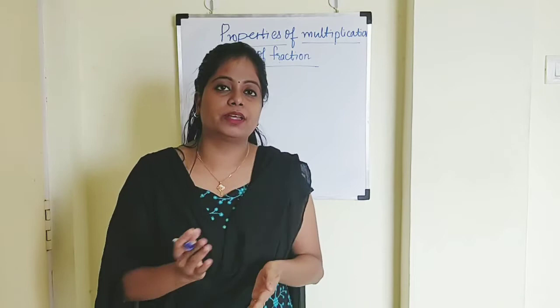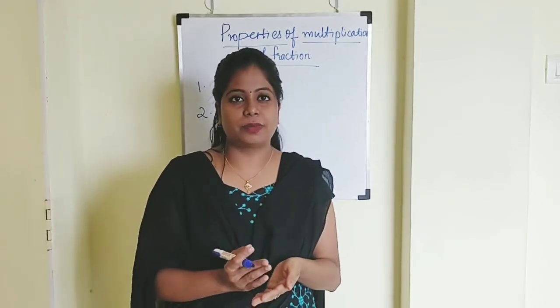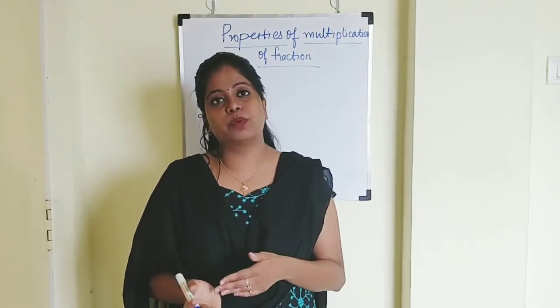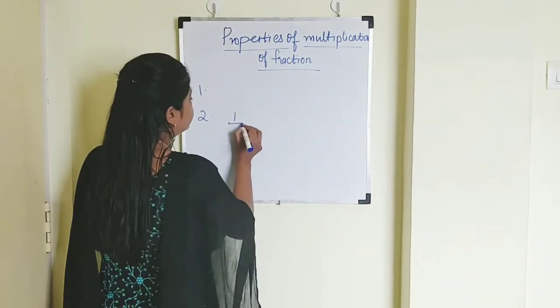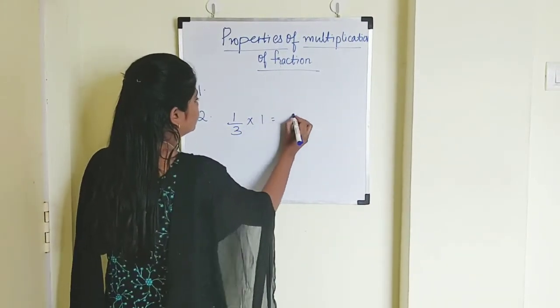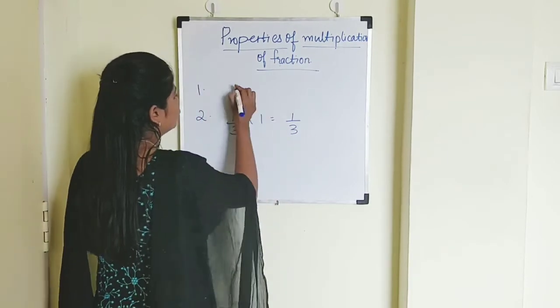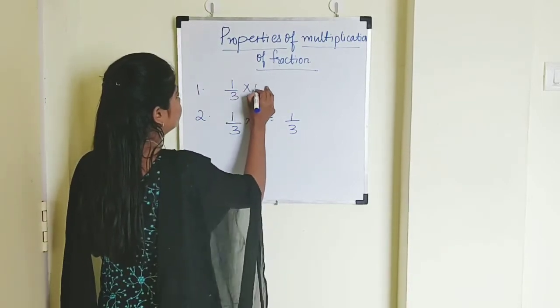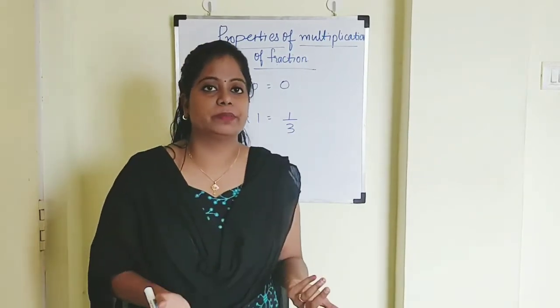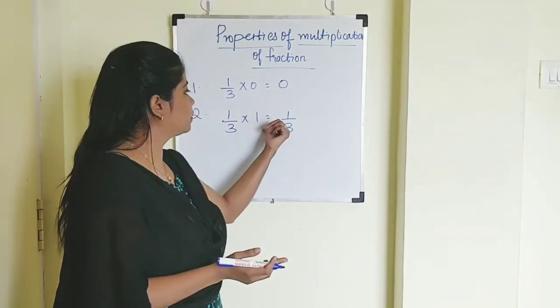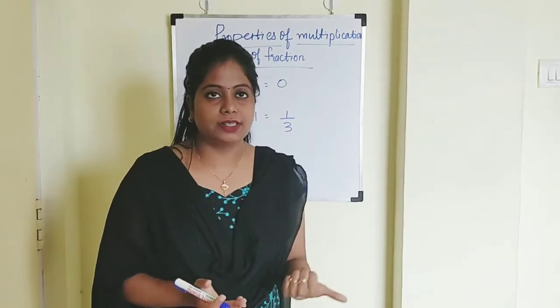Again, the same property we have done with normal numbers. For example, 1 by 3 into 1 is equal to 1 by 3. And as I told you, 1 by 3 into 0 will be 0.